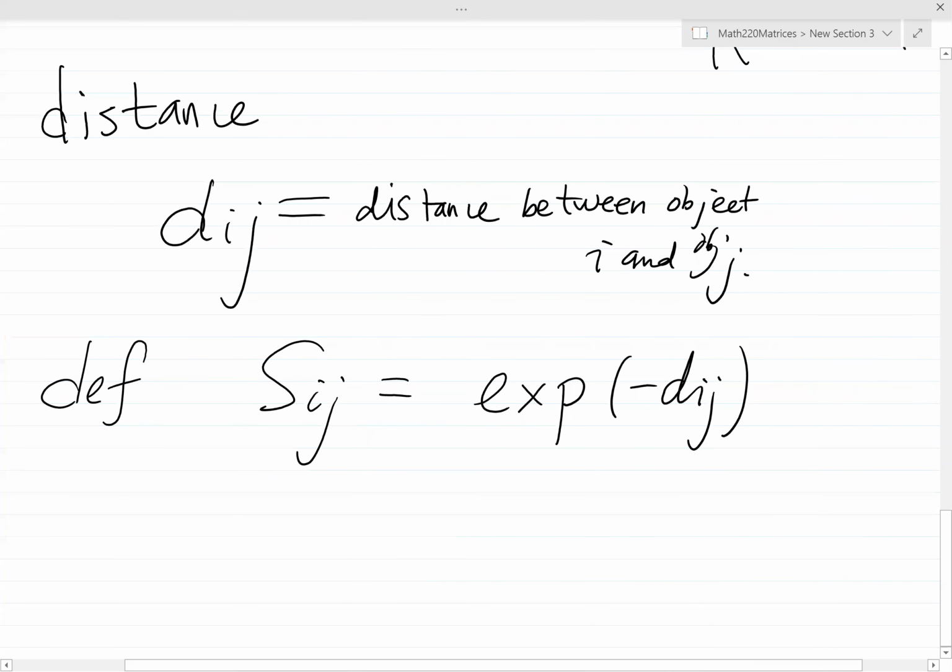If distance is large, for instance infinity, exp of negative infinity will be 0. If the distance is really small, d close to 0, exp of 0 gives us 1.